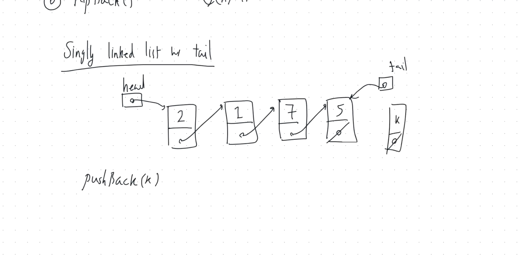But then you don't need to start from the beginning and traverse all the way to the end, which was the time consuming part. What you can do is you can say, okay, now tail arrow next, which is this pointer, should not be null anymore. It should be pointing to this new node. So just say tail arrow next equals PTR.